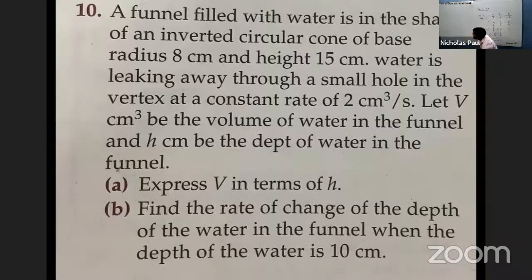All right, sorry. Let's take a look at this instead. Same question, but you have to figure out the diagram.